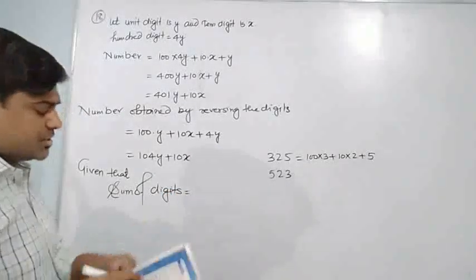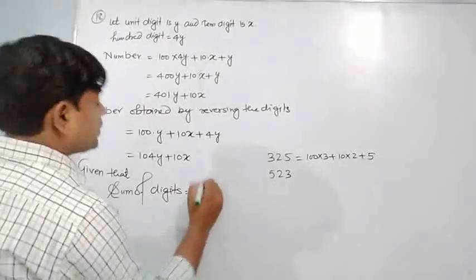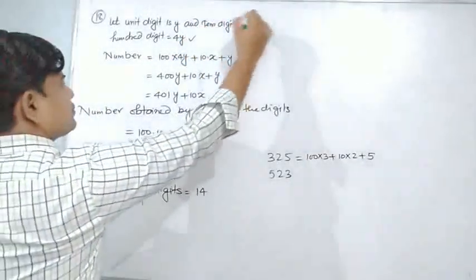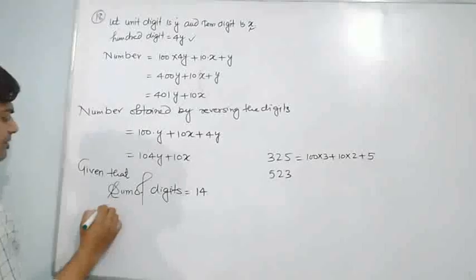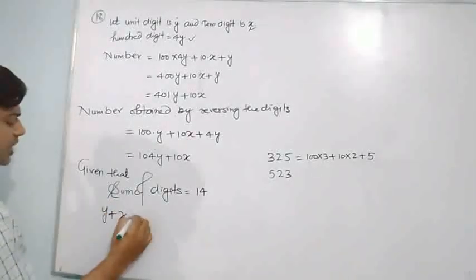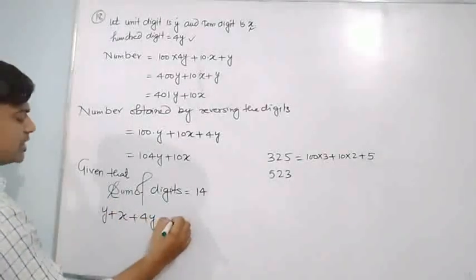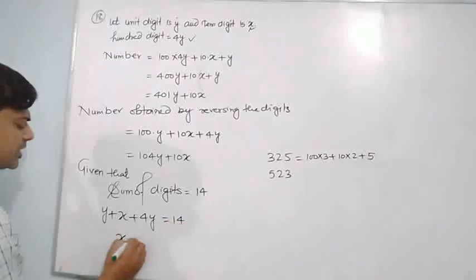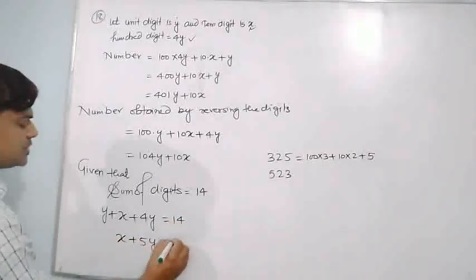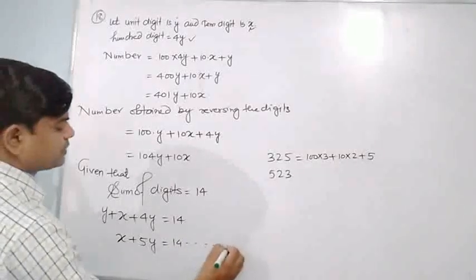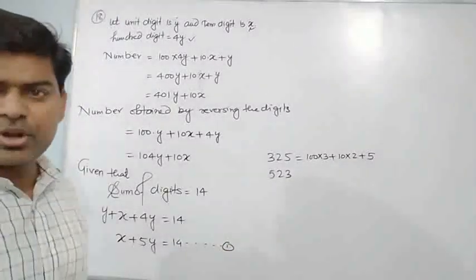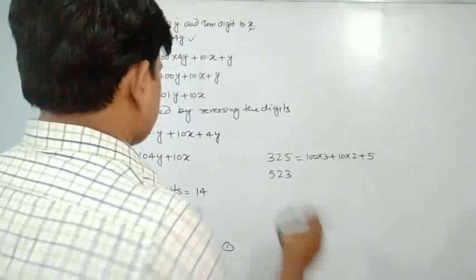What are the digits? This one, and this one. What can I write? y plus x plus 4y is 14. I can write here x plus 5y is equal to 14. That is equation number 1. Okay, there is no problem. Now I am moving to the next one.